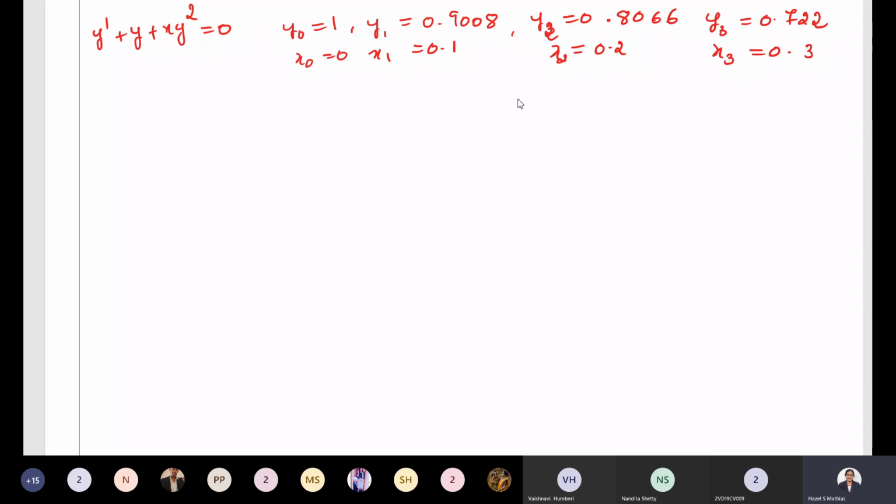By computing the values of y corresponding to x equal to 0.4, applying Adams-Bashforth predictor and corrector formula.